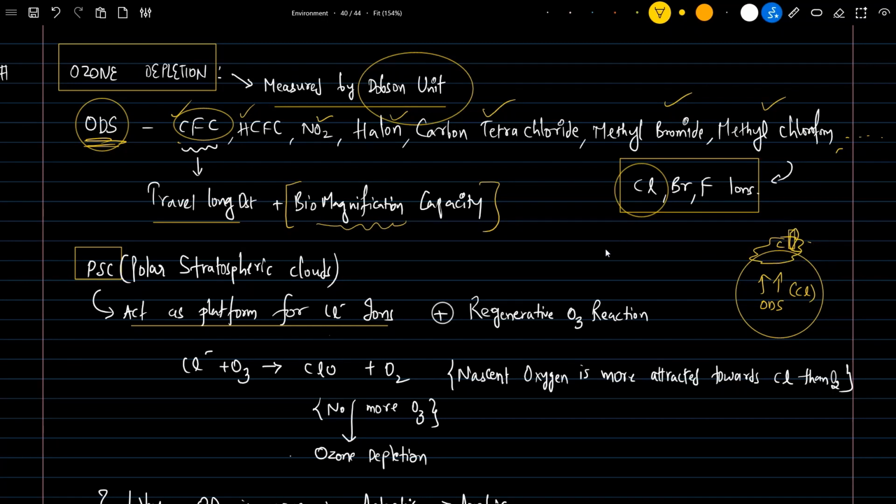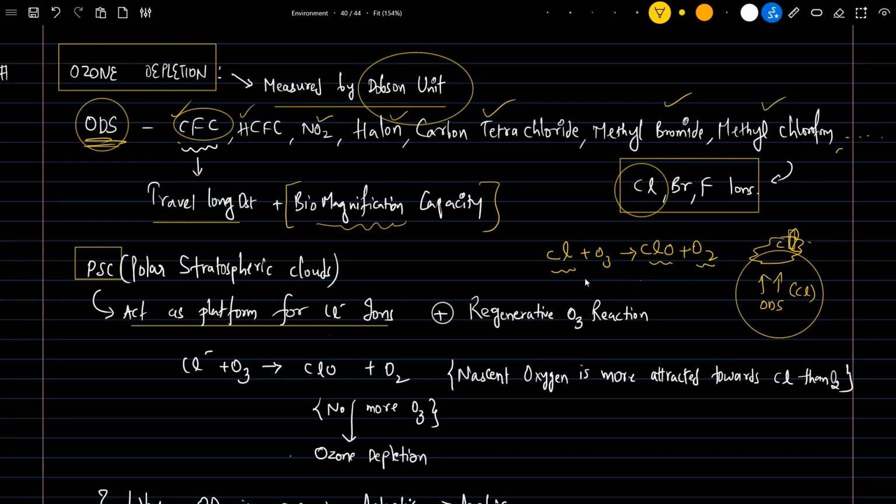Basically, we know there is ozone present, and we have chlorine coming from ozone depleting substances. Whenever this chlorine reacts with ozone, it leads to formation of ClO plus O2. So we can say simply: Cl plus O3 leads to ClO plus O2.